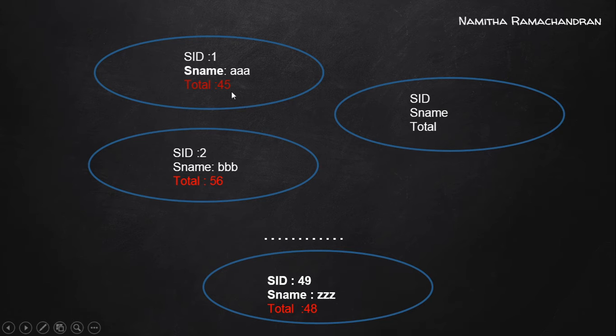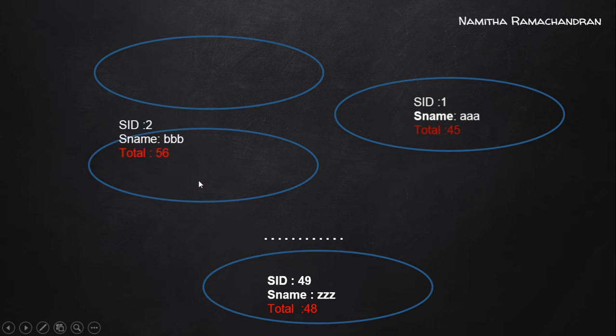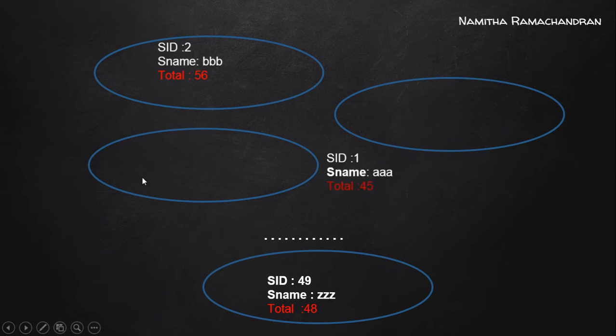We need to place these entire details in our temporary structure variable and make room for this second student's detail here. And now we can copy this content here, and from this temporary storage space, copy this value here. Now we can swap the entire student detail like this by using this bubble sort algorithm.